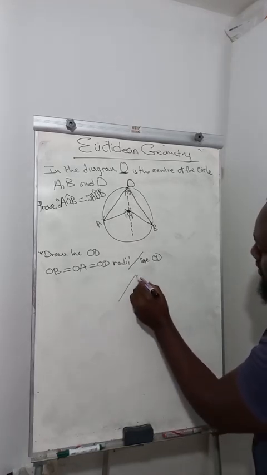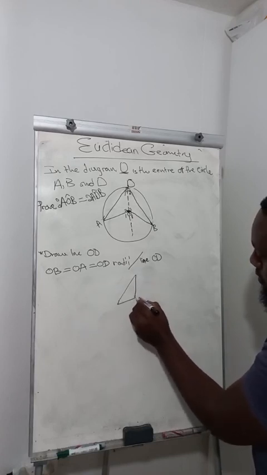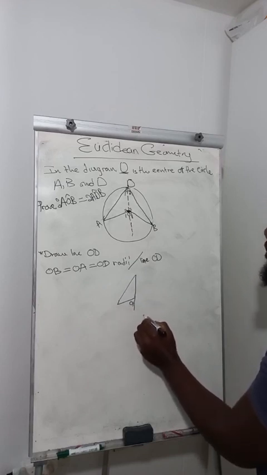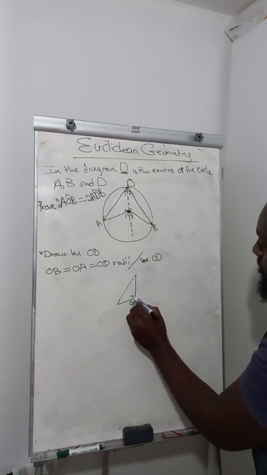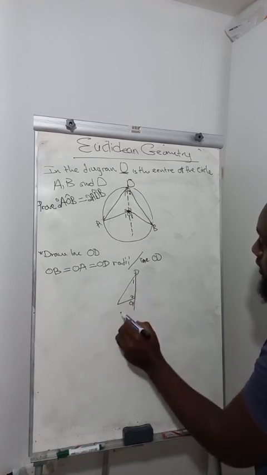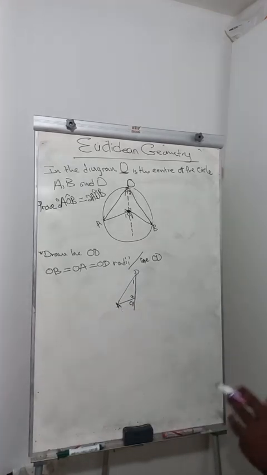You'll have something like this. This here is O1, and then here it will be maybe O2. Here it will be D1, and then here it will be A.